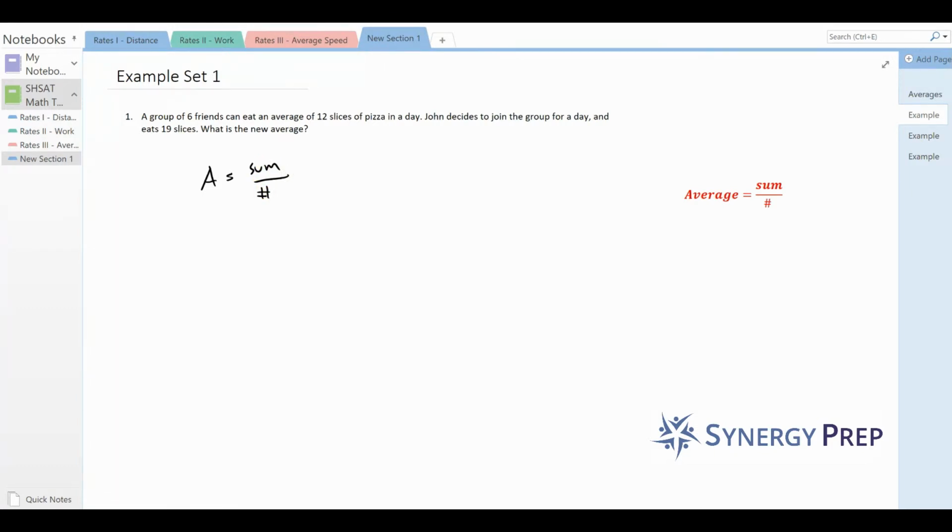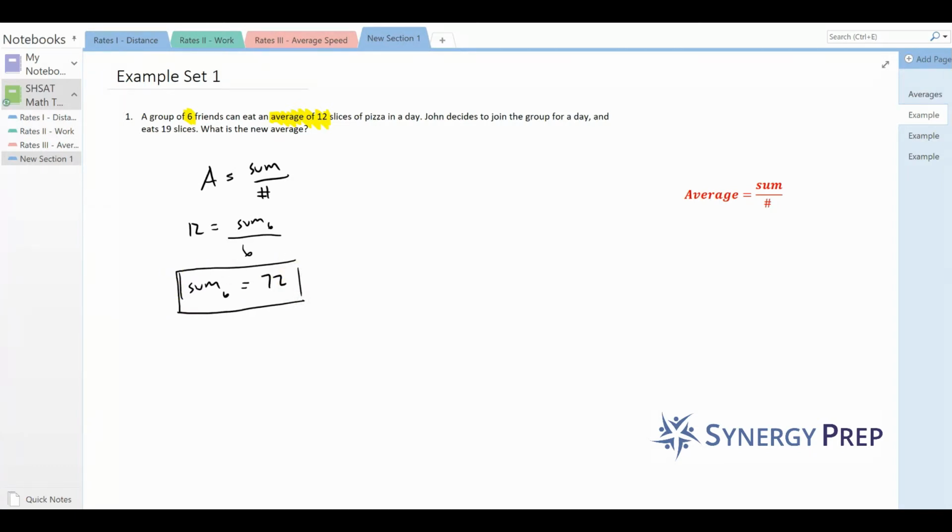The average is given in this problem. So the average is 12 and the number is 6, right? So 12 is equal to, I'll just say sum of 6, just to differentiate, over 6. So the sum of the 6 friends is 6 times 12 is 72, right?